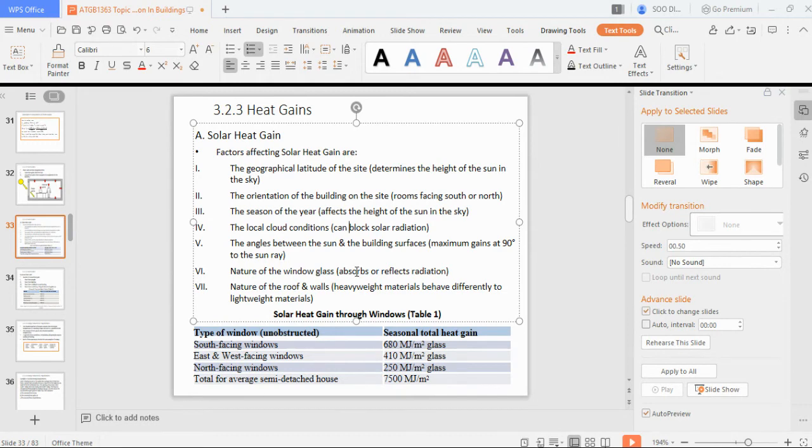So how solar heat can be gained is determined by how you build the building, either facing the building towards or away from the sun, the material that you use for your building, and where you are at. So in a country with 4 seasons, then you will have a very wide range of temperature and the sun.